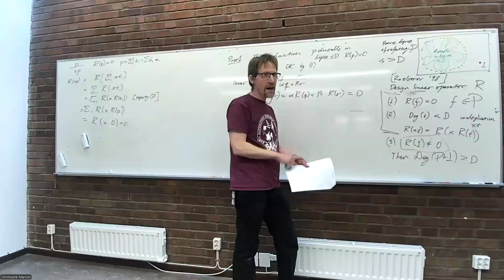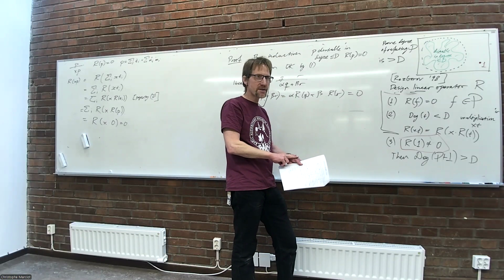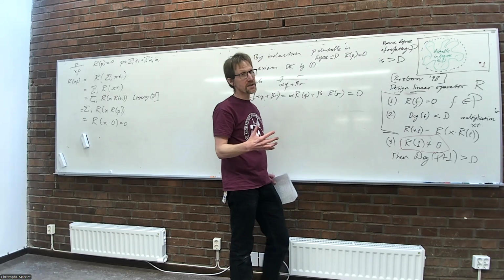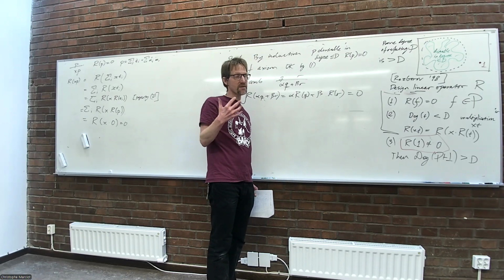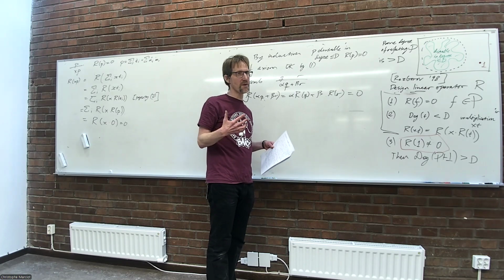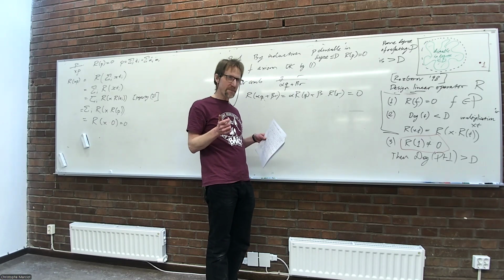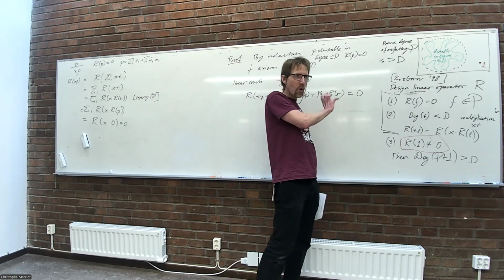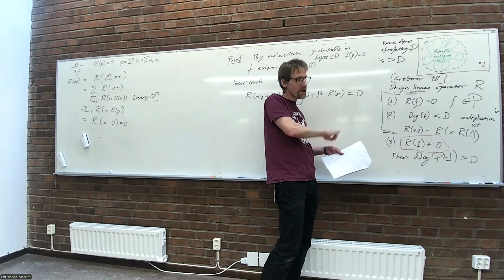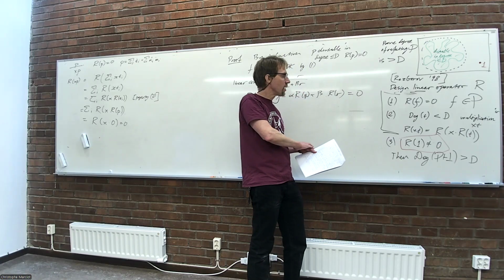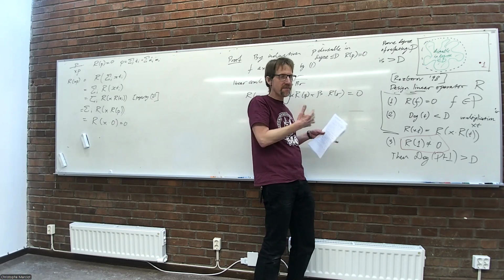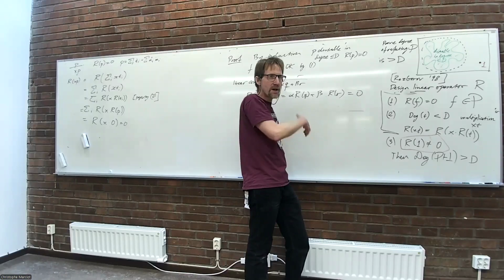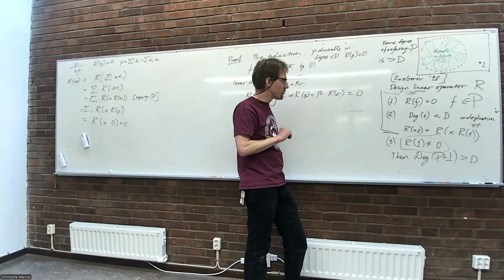For Sherali-Adams and sum of squares, we have these pseudo-expectations. Also for Nullstellensatz, we didn't talk about that, but there are designs for Nullstellensatz when you want to prove degree lower bounds, which are sort of baby versions of pseudo-expectations. So all these, Nullstellensatz, polynomial calculus, Sherali-Adams, and sum of squares, have these pseudo objects that fake it. They basically fake that the input is satisfiable and then give me a distribution or something.